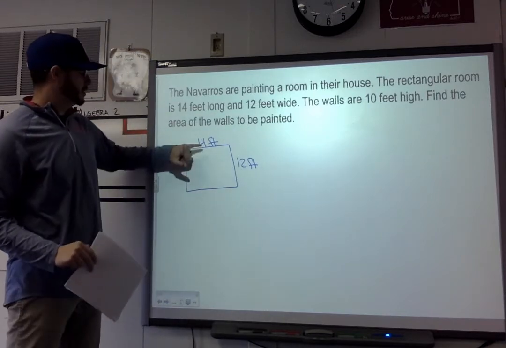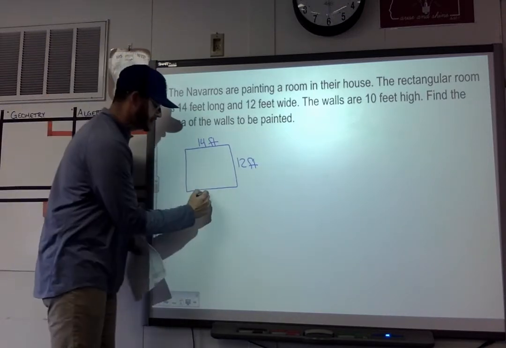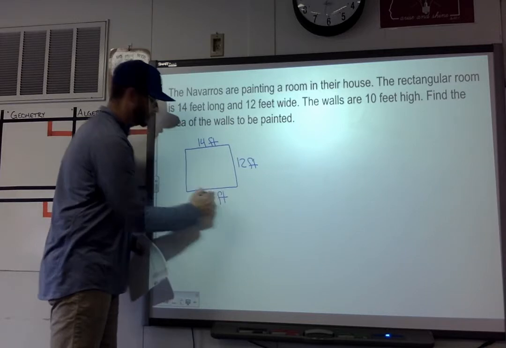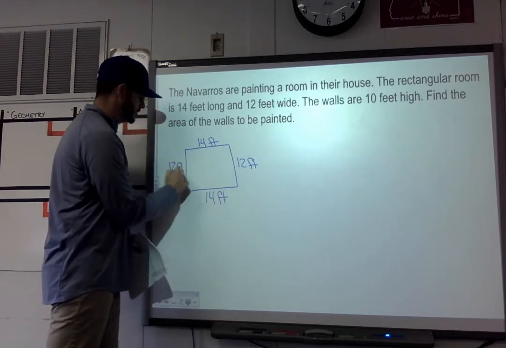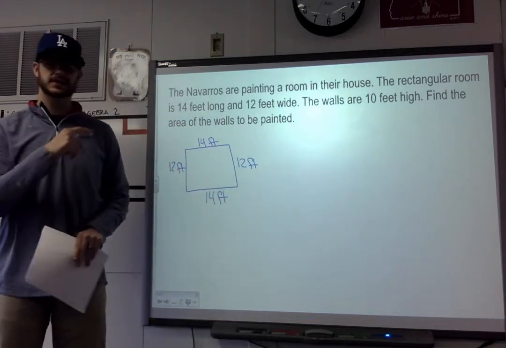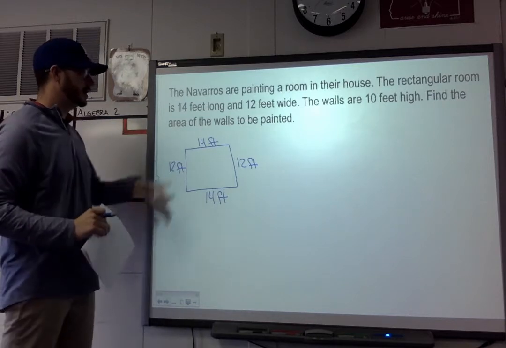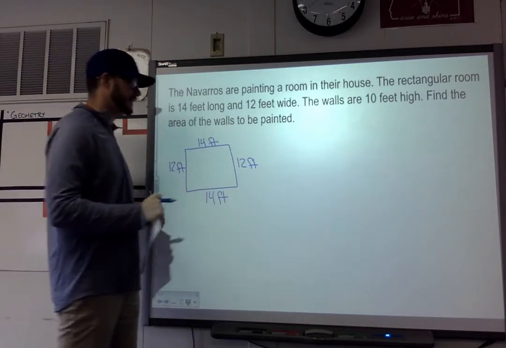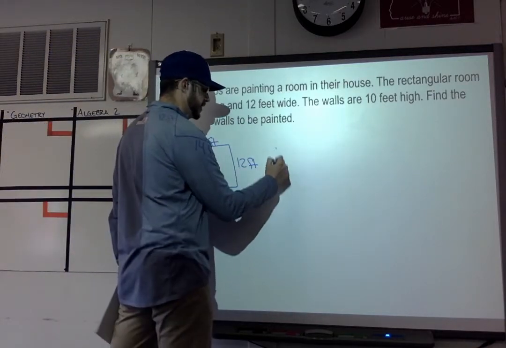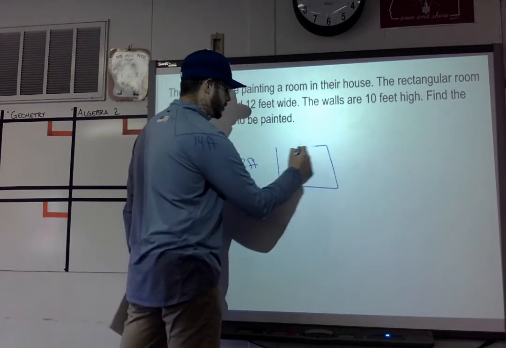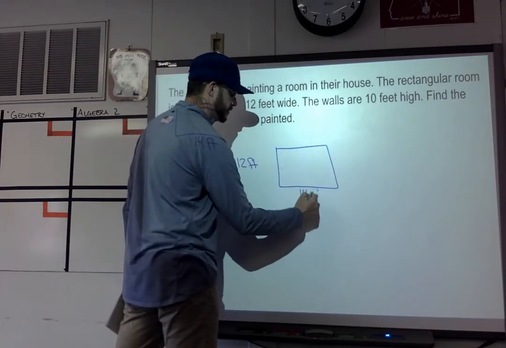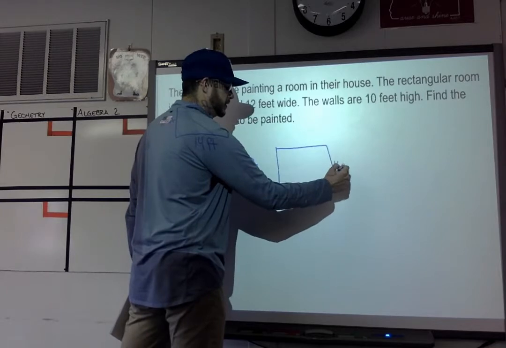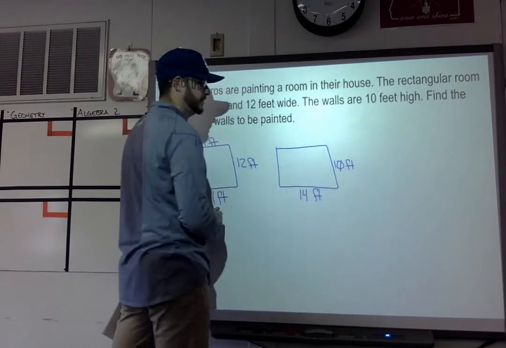So we know we have two walls that are 14 feet long and two walls that are 12 feet long, and we need to paint all four walls. The walls are 10 feet high. So here I'm going to draw in, I've got one wall here that's 14 feet long and 10 feet high.